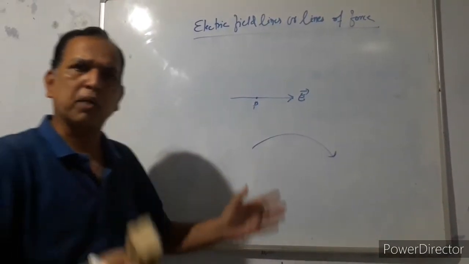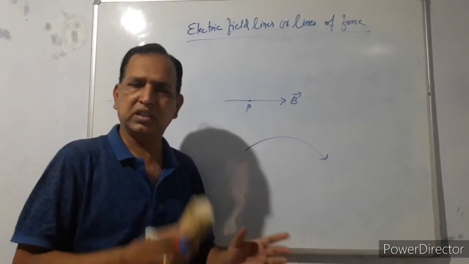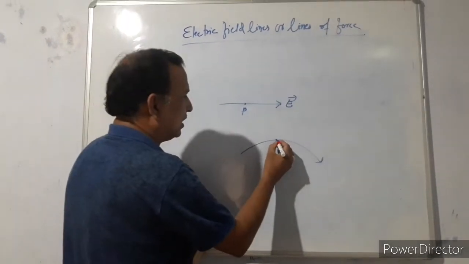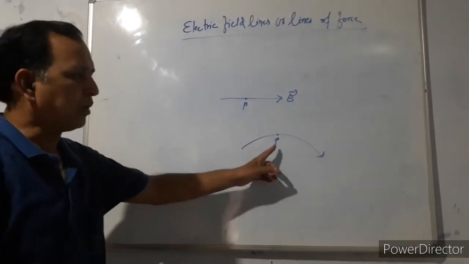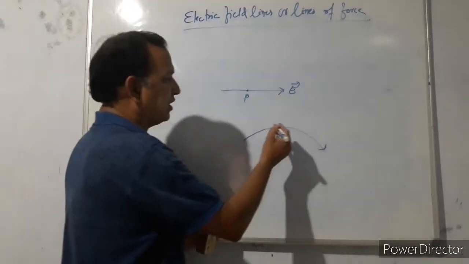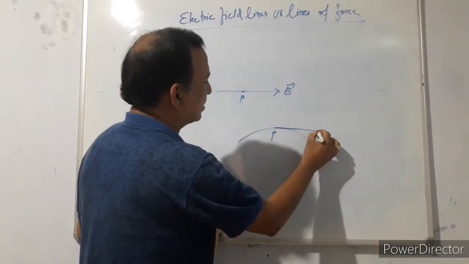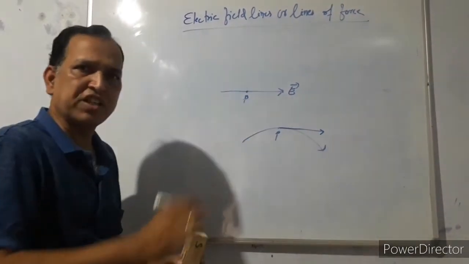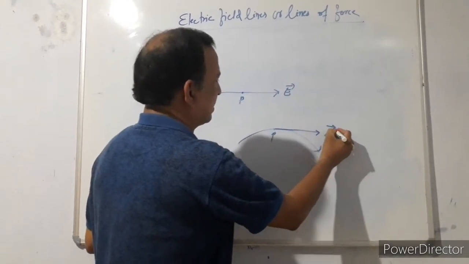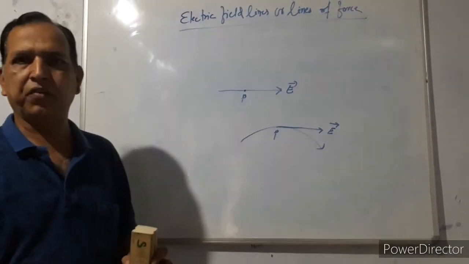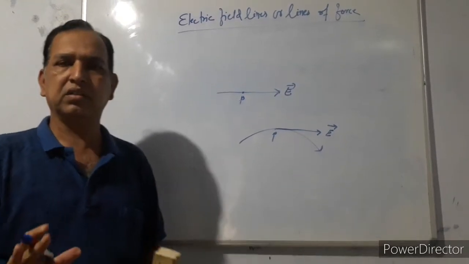If the lines of force are curved, then to find the electric field at the point P, draw a tangent. The direction of the tangent gives the direction of the electric field intensity. Clear?